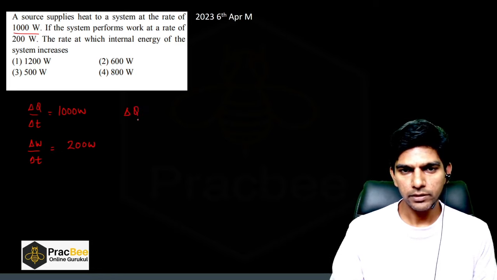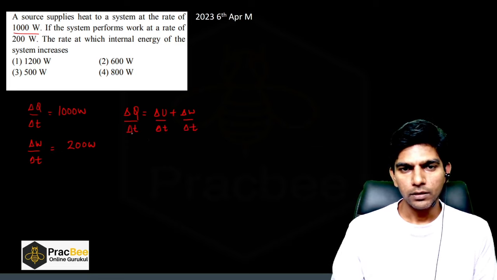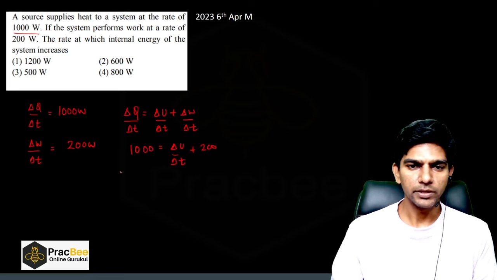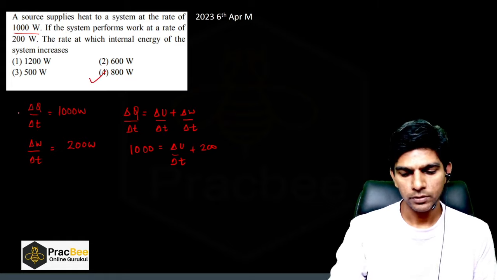So we know that delta Q equals delta U plus delta W by the first law of thermodynamics. So if I divide both sides by delta T, we will get the rate at which the heat is applied on the left hand side, right? So this will be 1000, and delta U by delta T we have to calculate, plus 200. So the answer will be nothing but 800 watt.